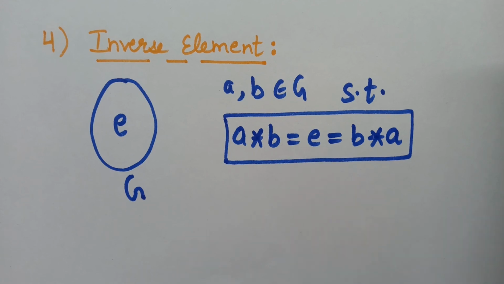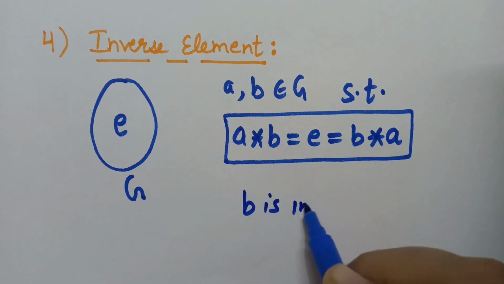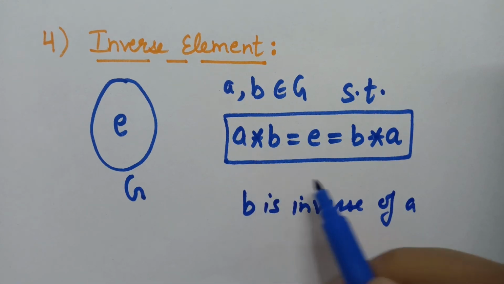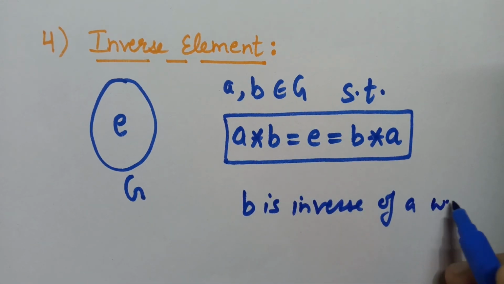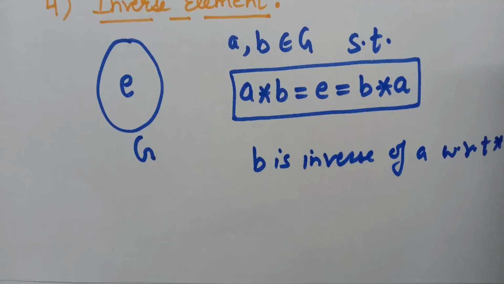Then we would say B is inverse of A with respect to the given binary operation star. Clearly, A is inverse of B.